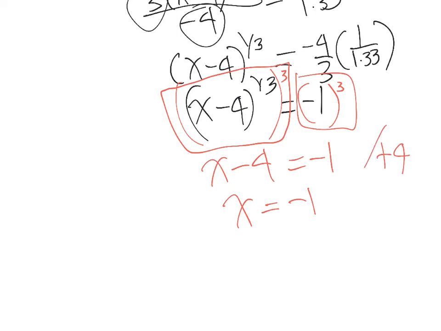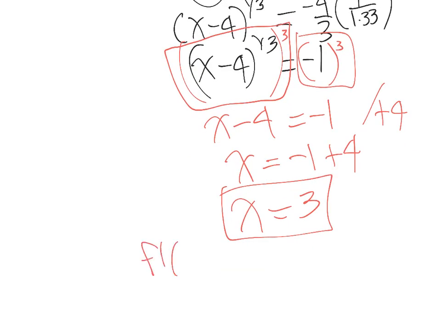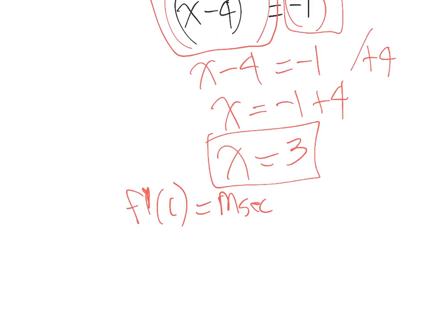I have to add 4 to both sides, plus 4, and x equals 3, which is exactly what we figured out. Okay, so what does that tell us? What did I just do? I set f prime at c equal to the slope of the secant. So I did f prime at x. So that means c equals 3.